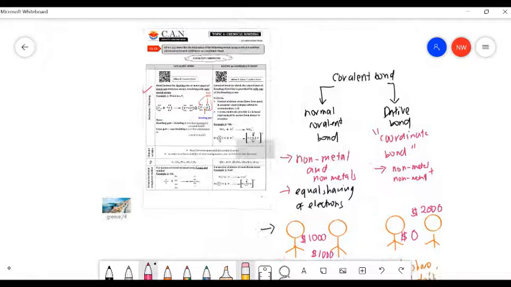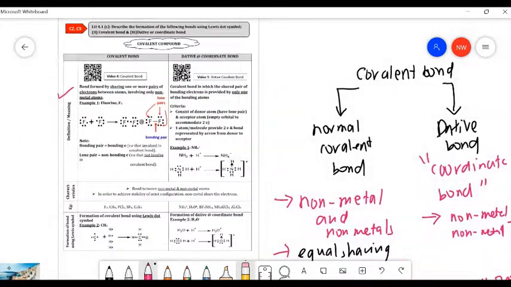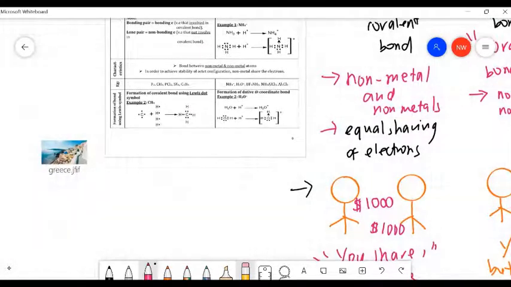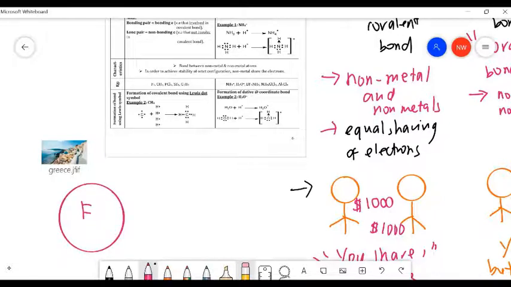As you can see here, apa yang di-explain dekat sini adalah covalent bond is formed by sharing one or more pairs of electron between atoms involving only non-metal atom. Contohnya di sini diberi pada you adalah fluorine dengan fluorine, between fluorine atoms. So kalau kita draw untuk fluorine, one fluorine atom, kita draw. Okay, this one adalah another fluorine atom.